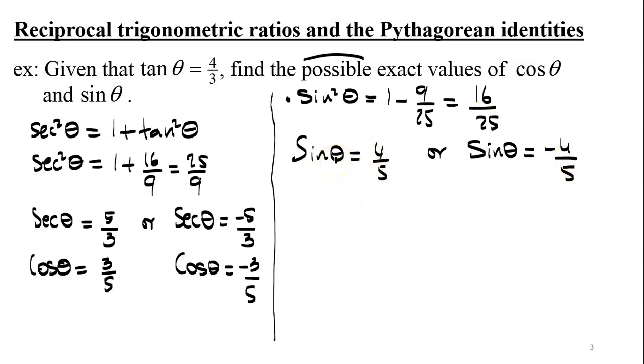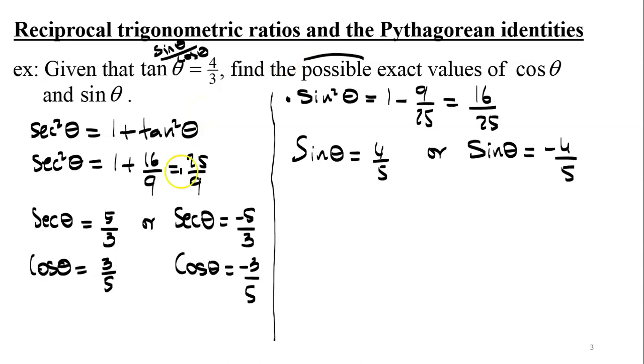Again, I cannot reject any of these values since I do not have a domain for theta. However, here I need to relate each value of sine to one of the two values of cosine, because they do come in pairs. So over here, you'd notice that tan is positive, and tan being the ratio of sine and cosine, for this quotient to actually be positive, sine and cosine have the same sign.